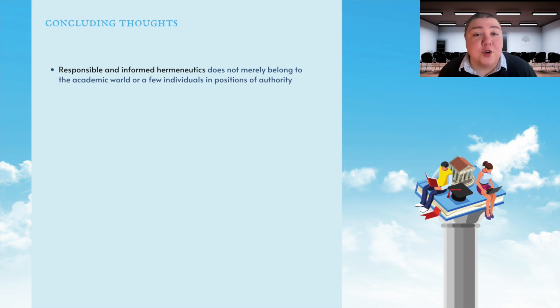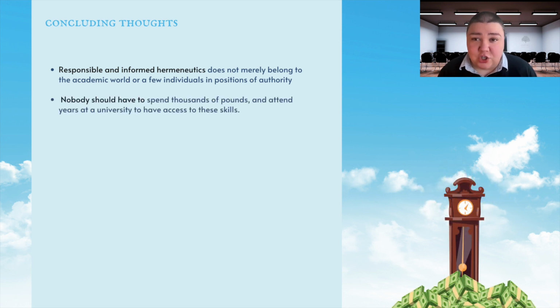Responsible and informed hermeneutics does not merely belong to the academic world or a few individuals in positions of power. Nobody should have to spend thousands of pounds and attend years at a university to have access to these skills.